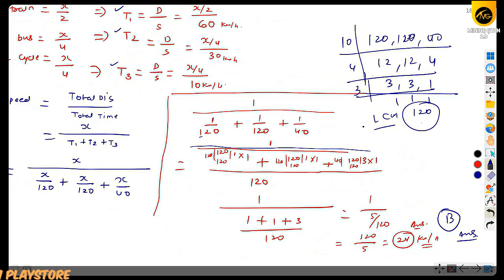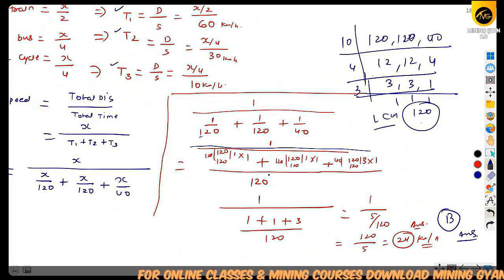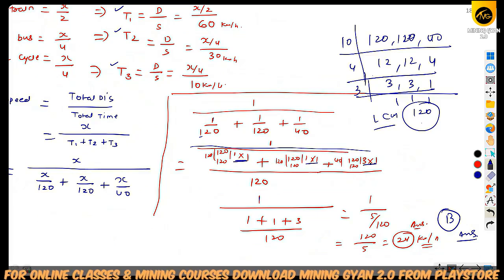Similarly, plus 120 divided by 120 goes 1 time, and again multiply by the numerator. And the last portion is 120 divided by 40, it goes 3 times, and multiply by 1. So just take the quotient portion, that will be 1 into 1, 1 into 1 and 3 into 1, and whole divided by 120, that is the LCM.